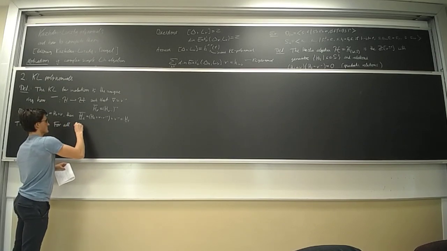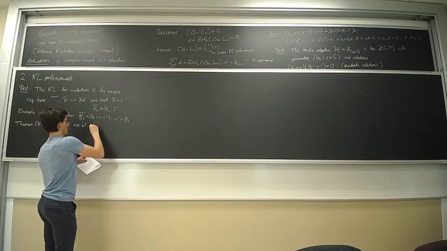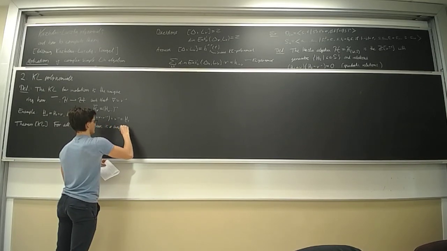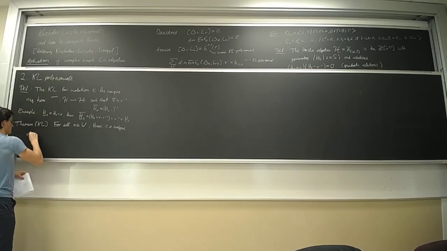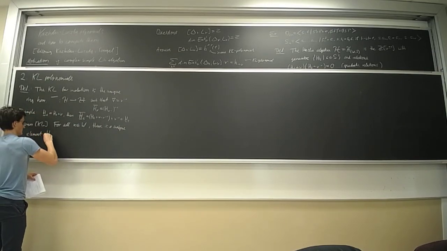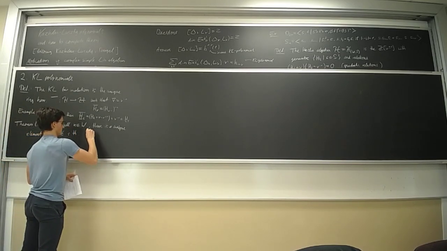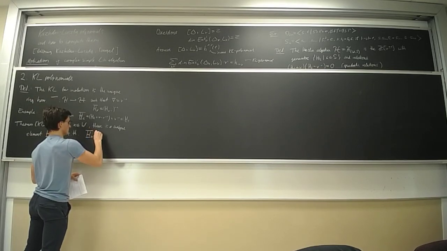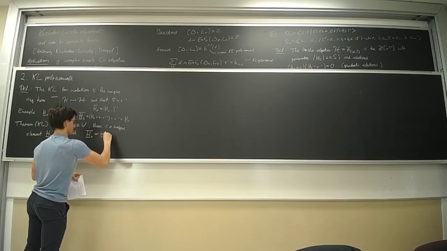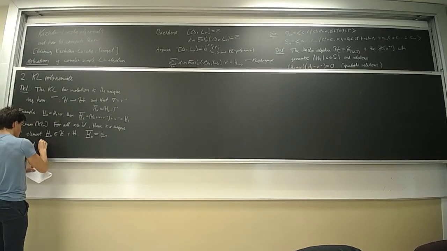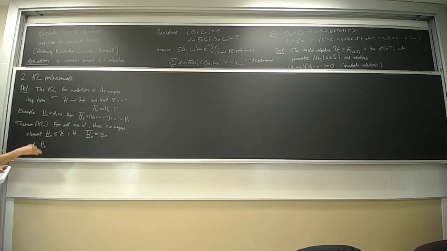For all elements x of the Coxeter group, there is a unique element h underline x in H, such that h underline x is self-dual with respect to the bar involution, and furthermore, we want that these h underline x are lower unit triangular with respect to the standard basis.